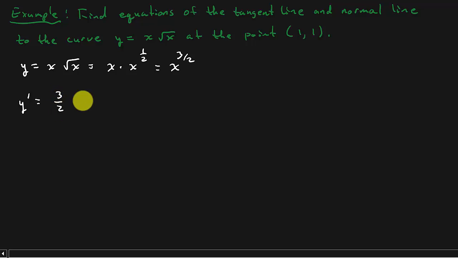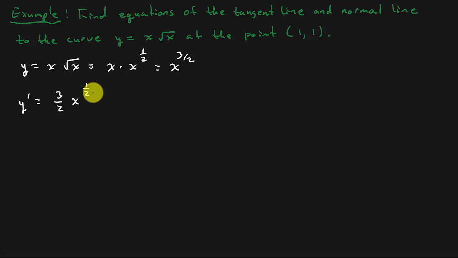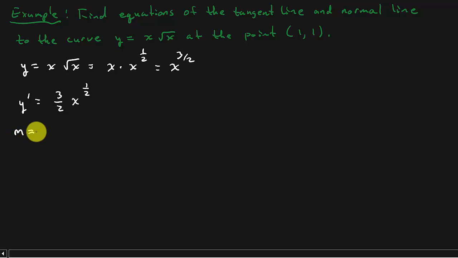So now let's take the derivative of this. That's going to be 3/2 times x, and then subtract 1 from the exponent, x to the 1/2. You can leave it like that. That's fine. So now we're ready to find the slope of the tangent line.